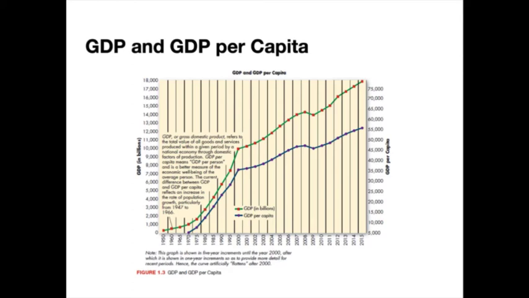GDP per capita is certainly a more accurate way to compare economic performance between countries with dissimilar populations. If you're not talking about two countries of approximately the same population, it's very difficult to compare performance to performance simply by comparing GDP numbers, right? Because the billions of dollars produced in a country is going to be greatly affected by how many working people you have in the country, and GDP per capita adjusts for smaller or larger populations.